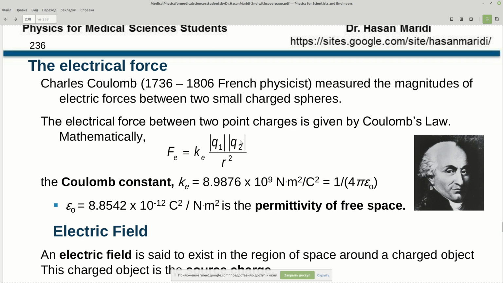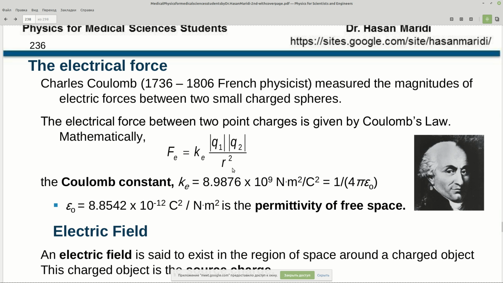Again, we have met the same law when we discussed gravitational forces. Yes, we have nearly the same. Coulomb took the gravitational basis of Newton, and he took the gravitational model of planetary force to explain the electrical force.